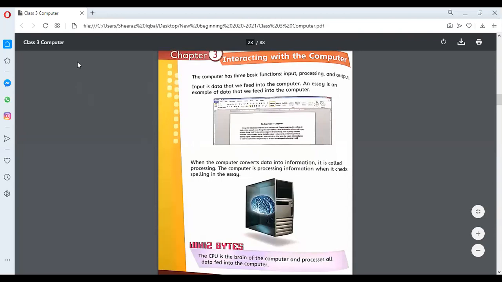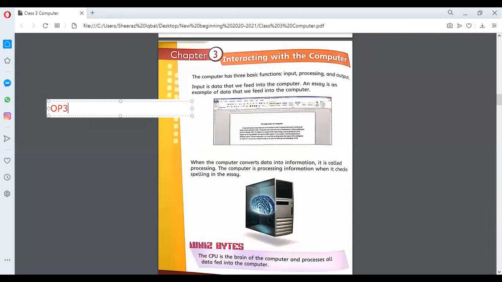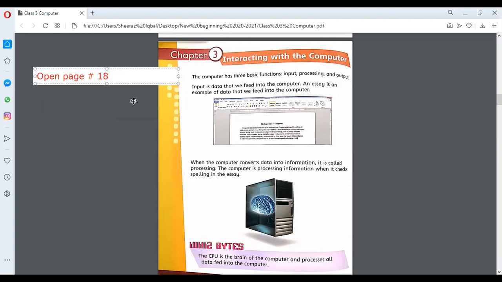Okay, let me write the page number on the left hand side. Just open page number 18, sorry. 18, and we will see some of the IT things. If it is open, that's great.